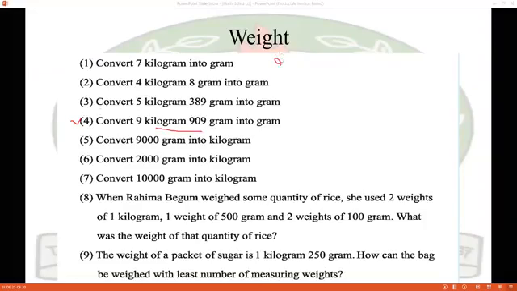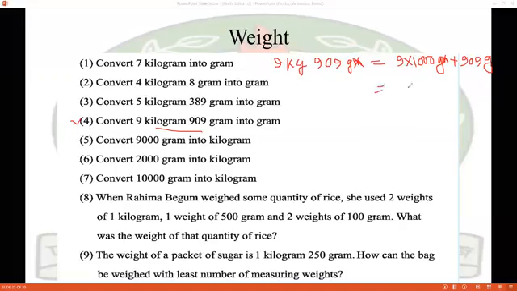So we write 9 kg and 909 gram is equal to 9 into 1000 gram plus, you can write only G for gram, not M. It is not necessary to write M, only gram, and 909 gram.